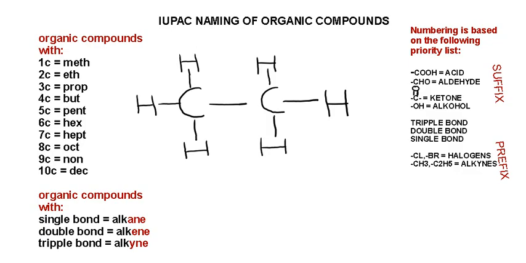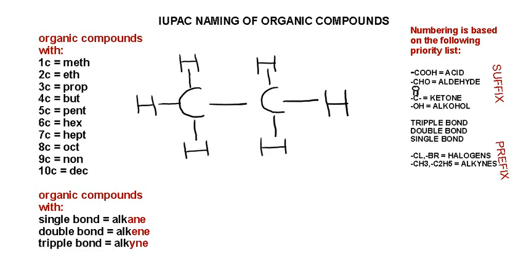Numbering will enable you to know how many carbons are found in that organic compound. Now, follow me as we do this. The numbering is going to follow forward direction and backward direction.